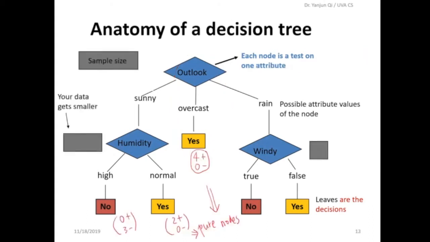So for example, the top node, outlook. If you still remember when we did this counting, this node represents all the training samples, right? So how many positive here, how many negative here?